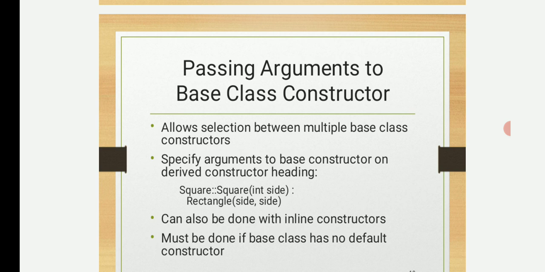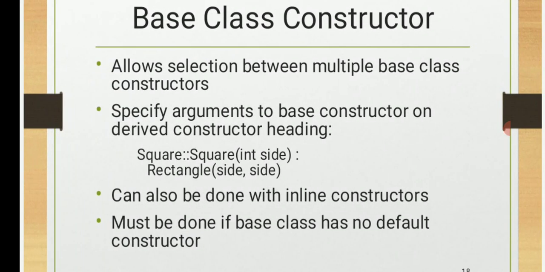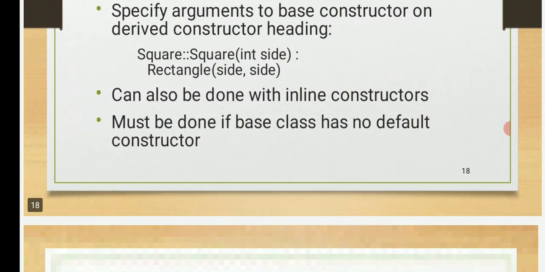This is an example: Square::Square(int side), and within this I am giving the Rectangle function side, side. So here I am passing the argument side. This can also be done with an inline constructor, and it must be done if the base class has no default constructor.